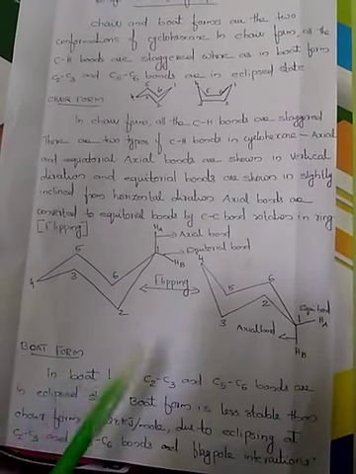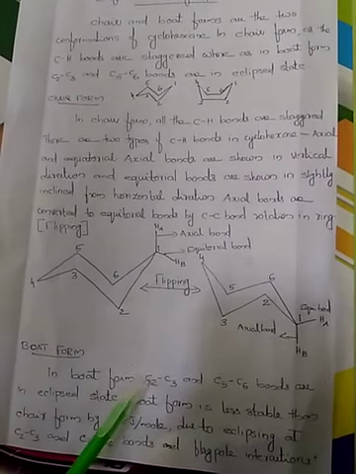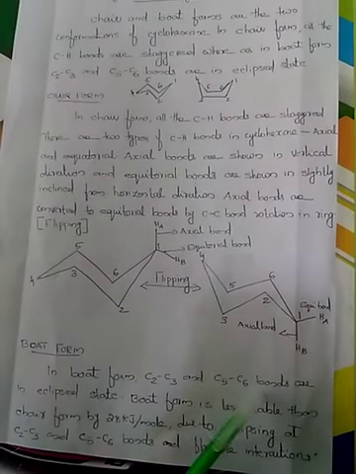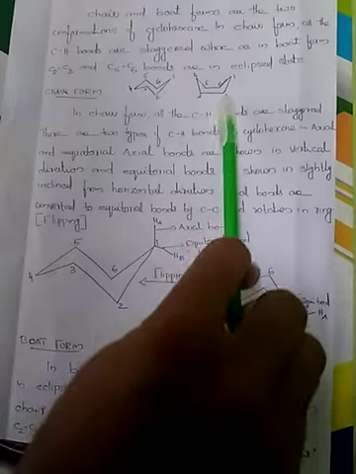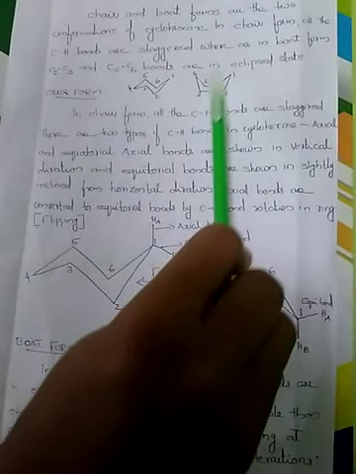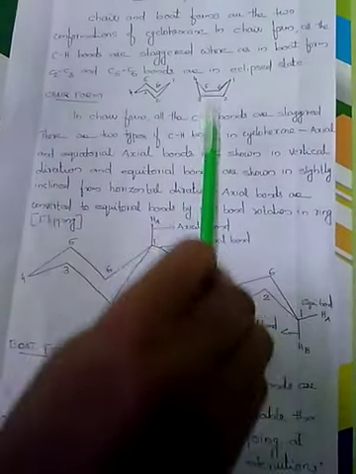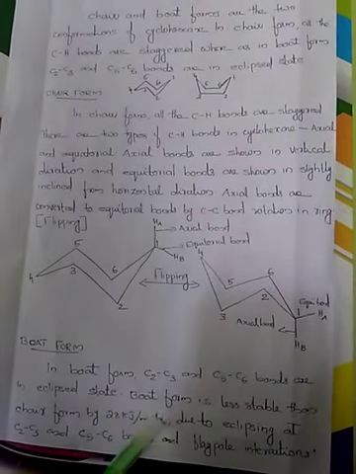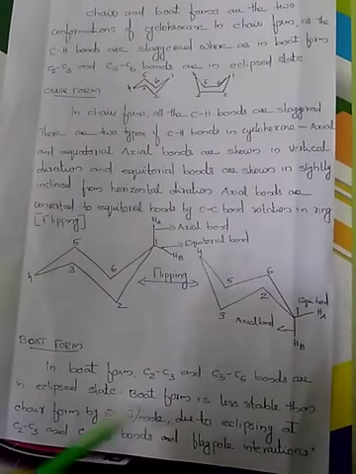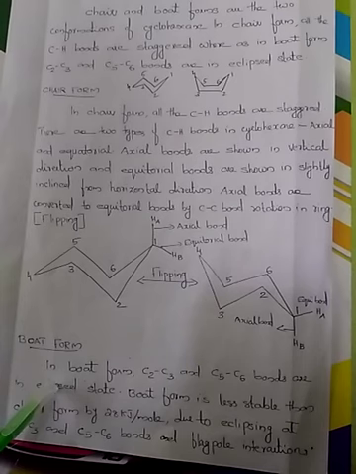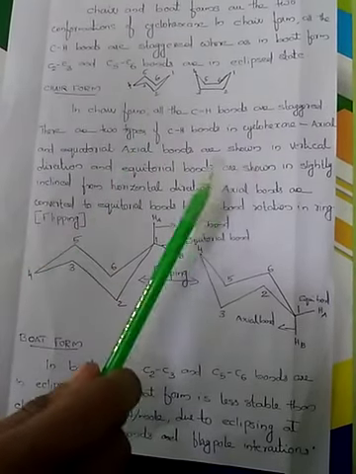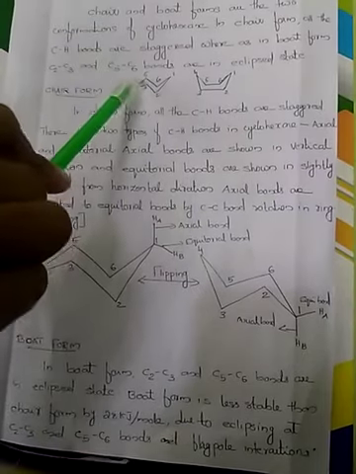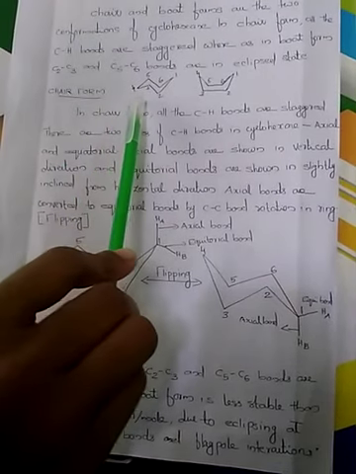Then boat form. In boat form, C2, C3 and C5, C6 bonds are in the eclipsed state. As we already told you, C2, C3 and C5, C6, these bonds are in the eclipsed state. Boat form is less stable than chair form. So, out of the two conformations, chair and boat form, our chair form is the most stable one.